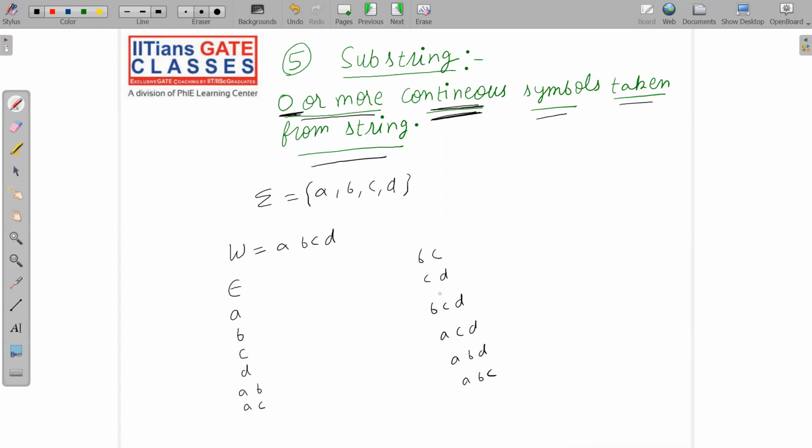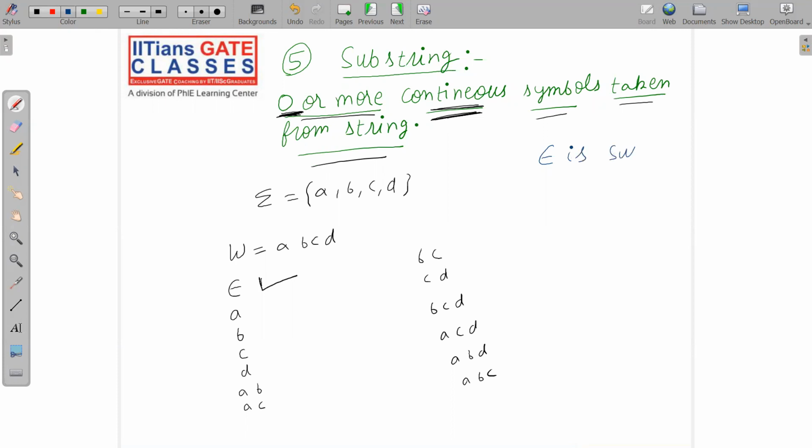I have given few examples. Firstly, tell me all these things, whether these are substrings or not. Null is perfect example of substring. Why is it substring? Because I have used the word 0 or more. Okay, 0 or more. So if you are taking 0 symbol itself, it means null string. Null means free air. I have already told you. You can visualize it like a free air. So air is everywhere. So you can think like this also. So null is everywhere, or you can say null is substring of every string. Okay, so please remember this word. Null is substring of every string.